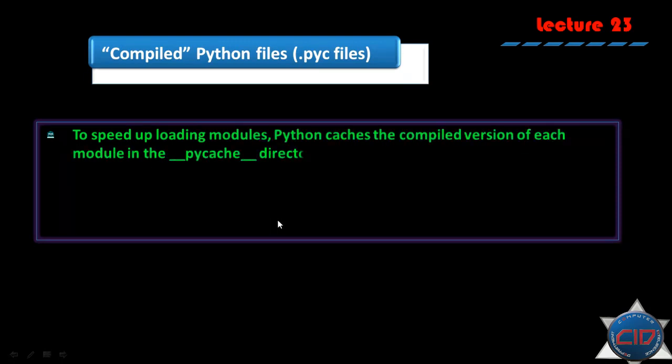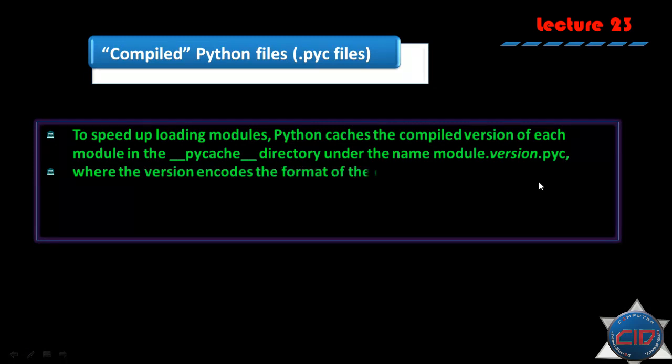Now let me show you what compiled Python files are. To speed up loading modules, Python caches the compiled version of any module in the folder __pycache__. It will make the __pycache__ folder inside your current working directory, and under this you will have a module file named module.version.pyc, where the version encodes the format of the compiled file.